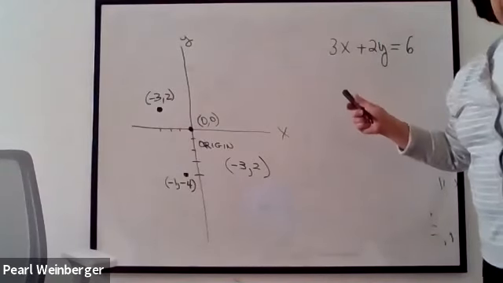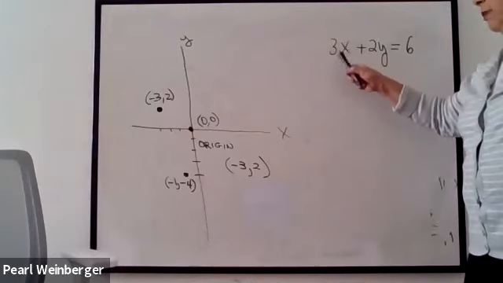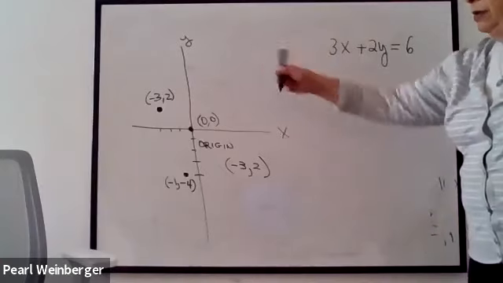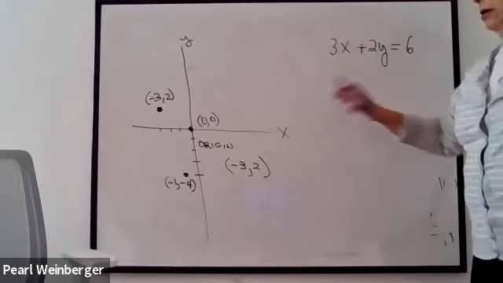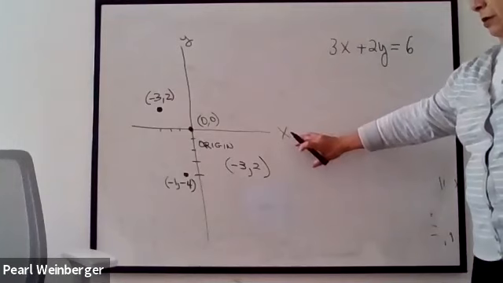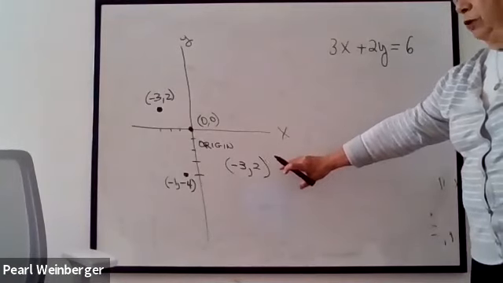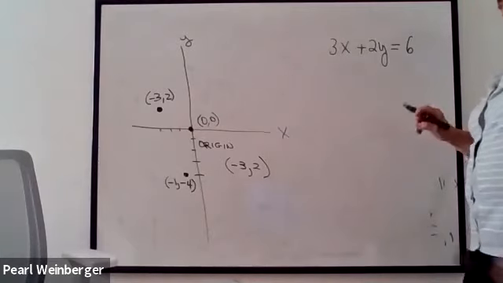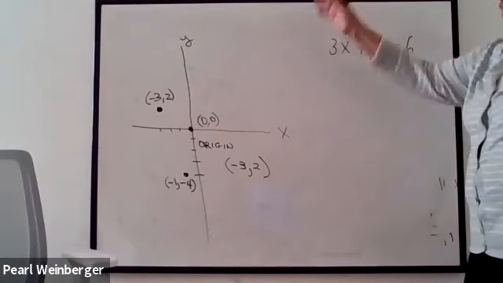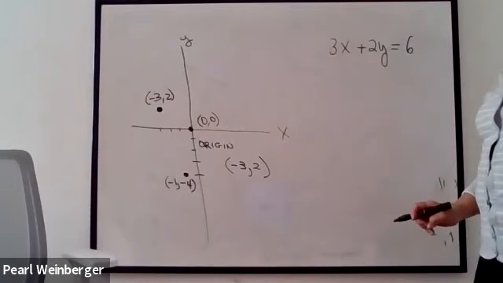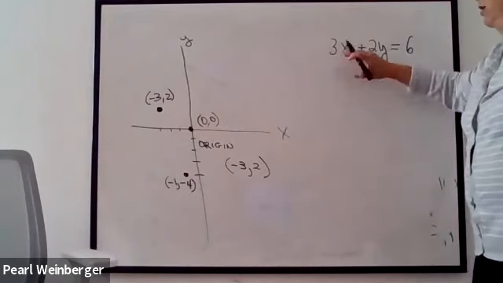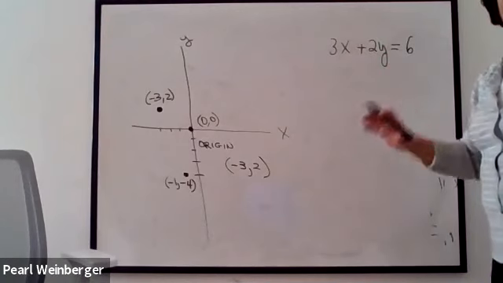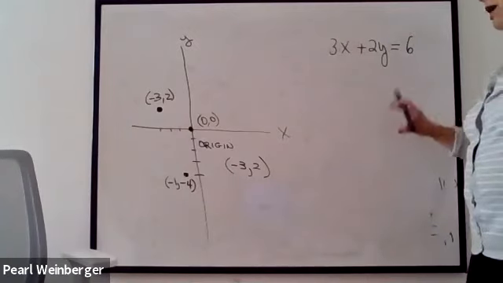Now, this is an example of a linear equation. This is an equation that has x's and y's. We're going to need x's and y's on this set of axes, because there are going to be two variables. There's going to be the x number that'll tell you whether to go right or left, and there'll be the y number that'll tell you to go up and down. It's a linear equation because it doesn't have any exponents. It's just a plain 3x, it's just a plain 2y.